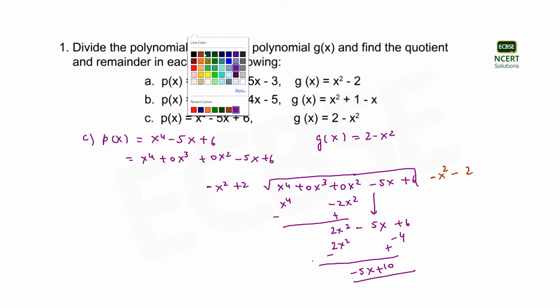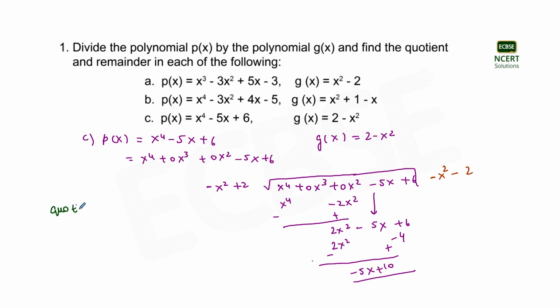So from the whole division we can write the conclusion that here the quotient is equal to minus x square minus 2, and the remainder is equal to minus 5x plus 10.